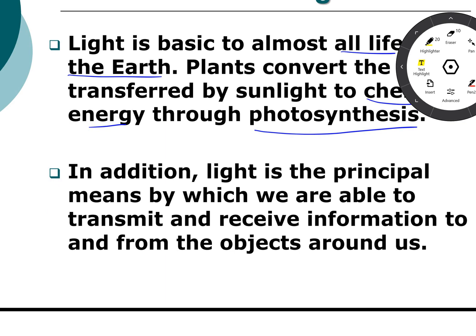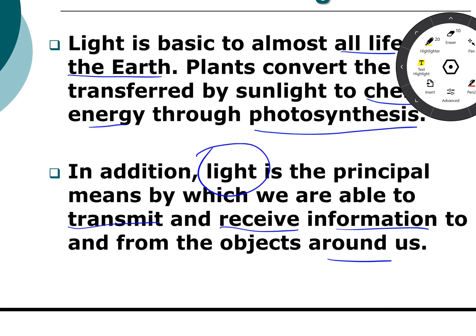Also, light nowadays plays an important role in communication, so we can send and receive information from different places with a very fast velocity, which is the speed of light.